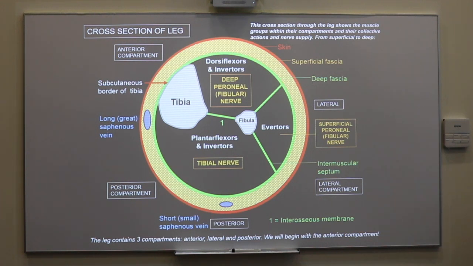Tibialis posterior, like tibialis anterior, is an inverter of the foot. The nerve supply of the posterior compartment is the tibial nerve. The nerve supply of the lateral compartment is the superficial peroneal nerve, while the nerve supply of the anterior compartment is the deep peroneal nerve. We get a 5-minute break, and then you will start with the next part.